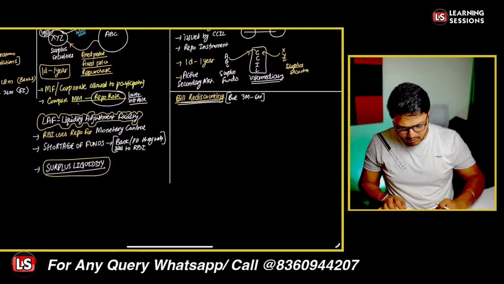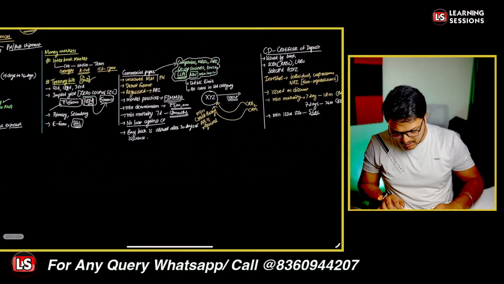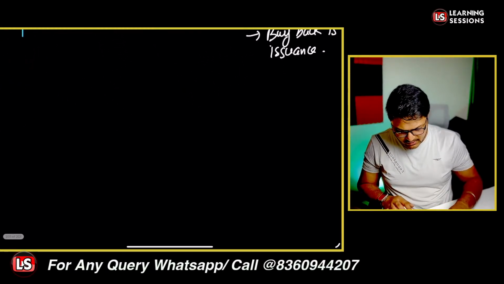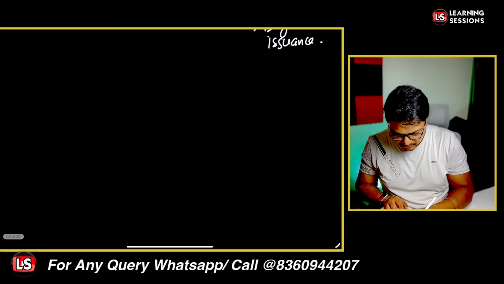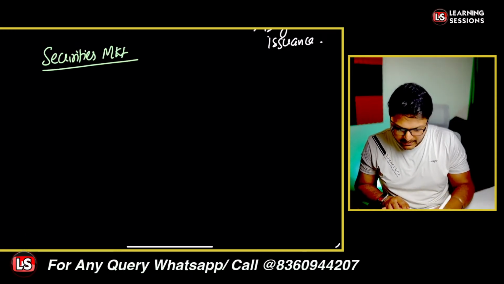Now after that, we are going to learn about the securities market. Now we have already learned about the money markets. Now we'll be learning about the securities market, the instruments in the securities market. Right?